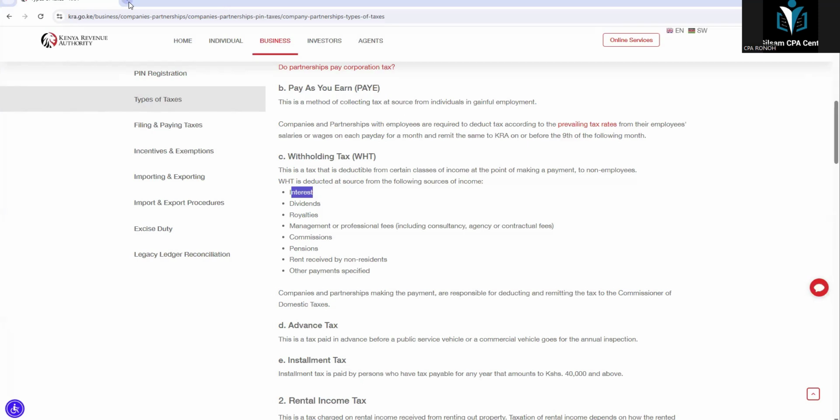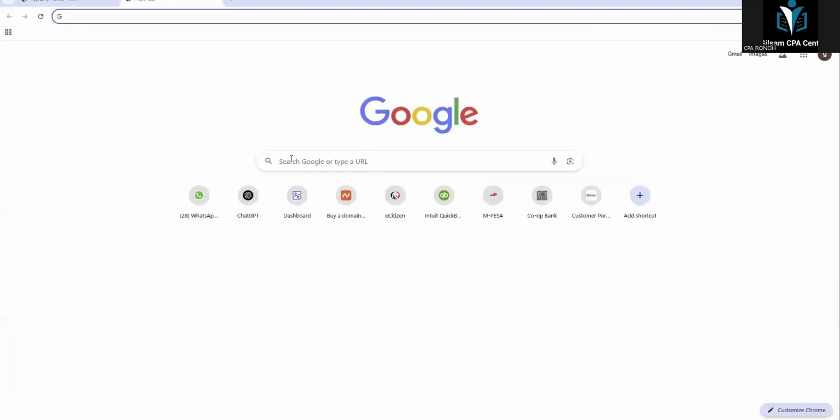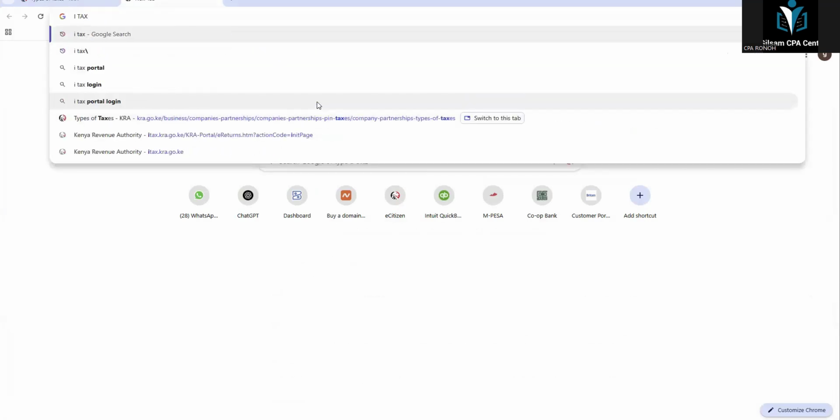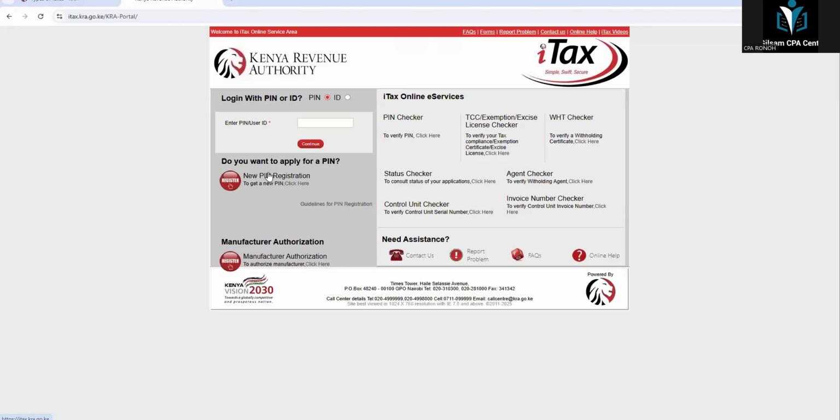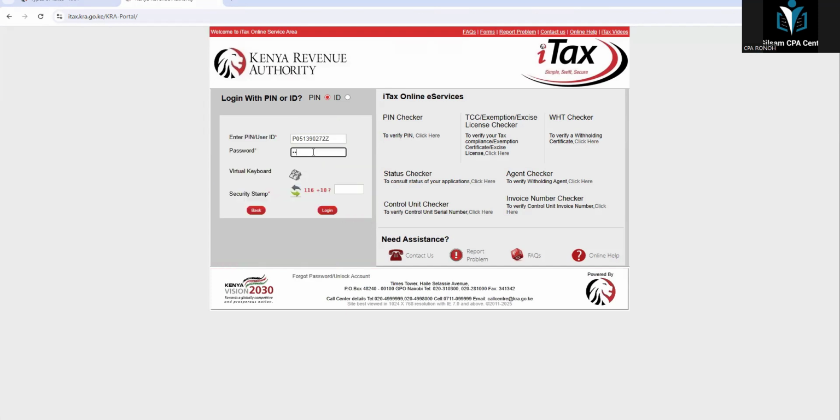You can prepare an Excel worksheet, or if you are paying one invoice, you can just log into iTax.